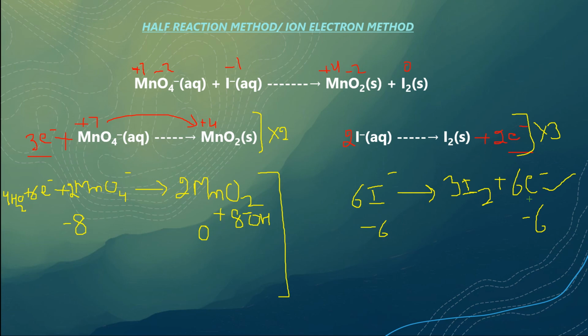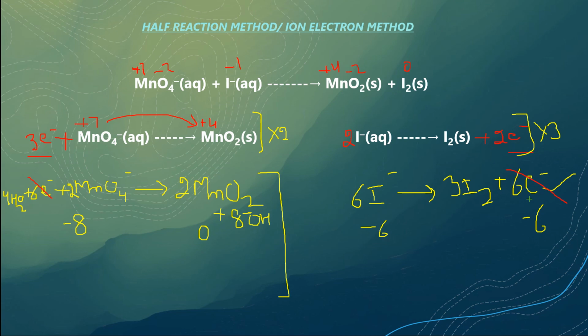And then once you are sure that the two half equations are balanced, you add them. When you add them, these 6 electrons will be cancelled by these 6 electrons and you will get the same equation as you got in the previous slide.